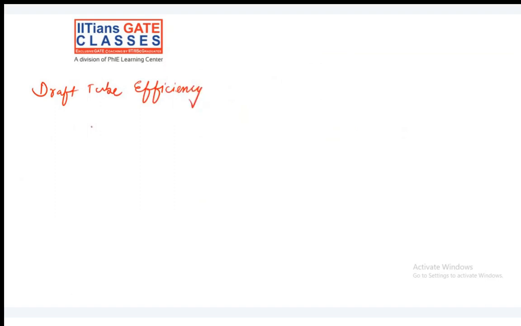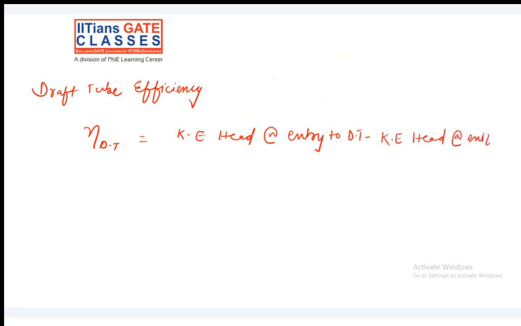This is eta draft tube. This is equal to the kinetic energy head at entry to the draft tube, minus the kinetic energy head at exit of the draft tube, divided by whom?